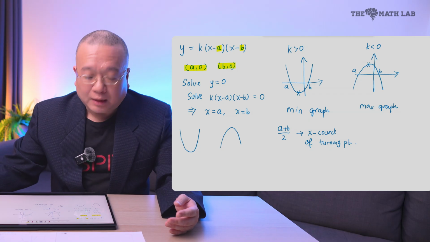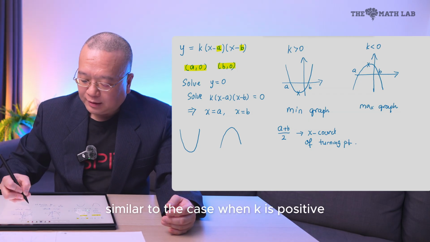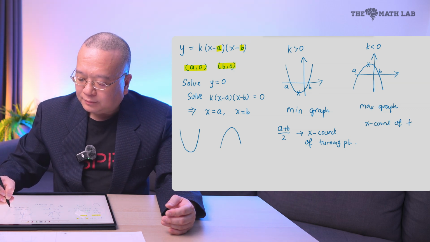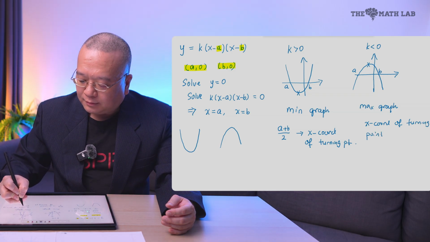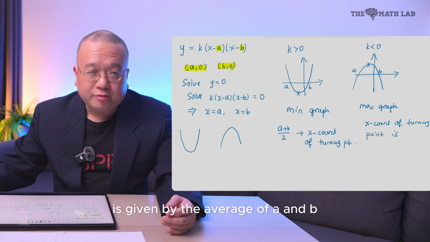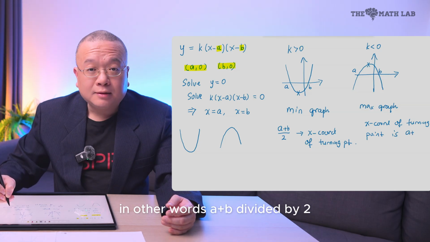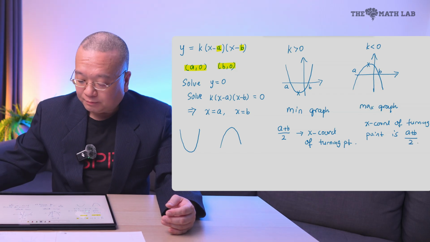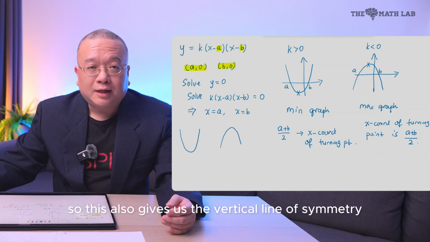Okay? So similar to the case when k is positive, the x coordinate of the turning point is given by the average of A and B. In other words, A plus B divided by 2.